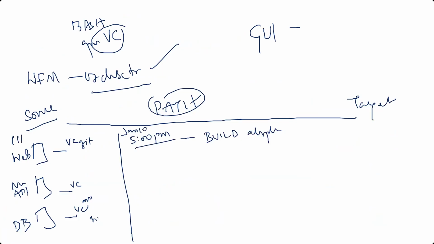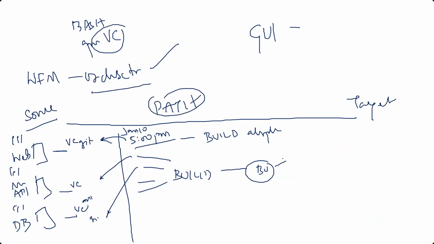So people working on all this code will try to commit before 5 p.m. At 5 p.m., the orchestrator will automatically find the committed files, generate a build, and keep that build ready for deployment.